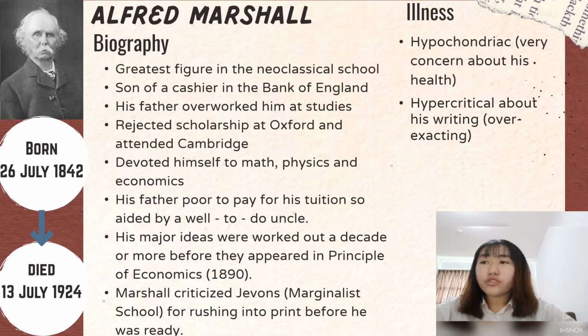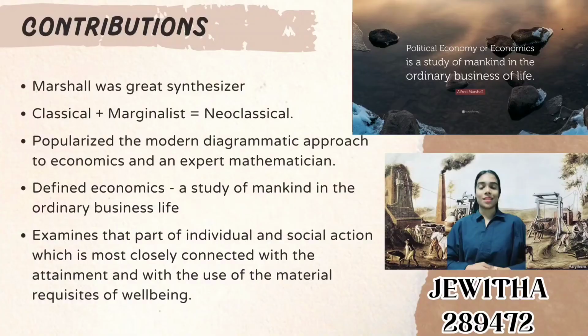He threw much of what he wrote into the wastebasket, and in fact many of his major ideas were worked out a decade or more before they appeared in Principles of Economics in 1890. Marshall criticized Jevons, of the marginalist school, for rushing into print.